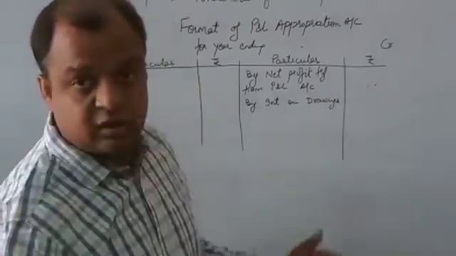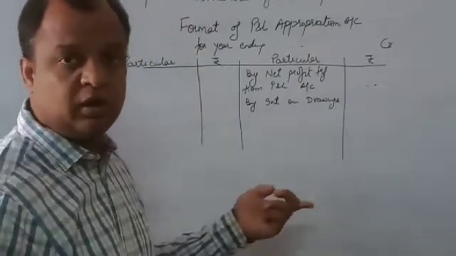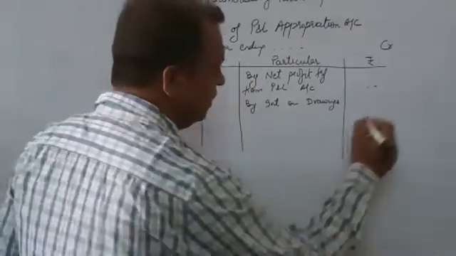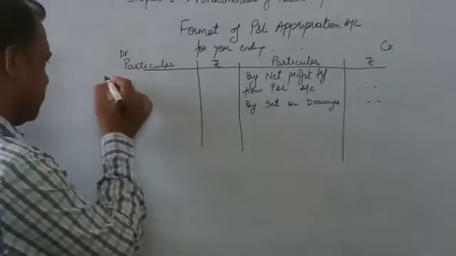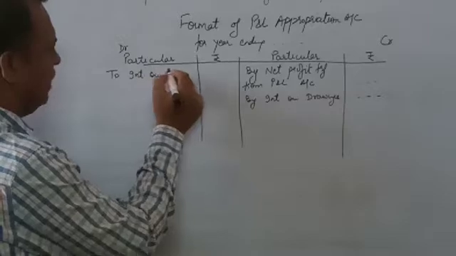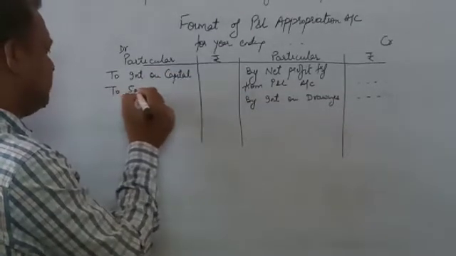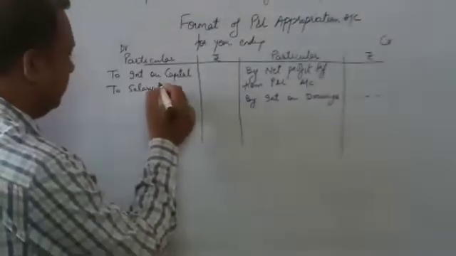Since the drawings are made by the partners, and on that drawing the interest will be paid by the partner to the firm, it will be an income for the firm, recorded on the credit side. On the debit side, which is an expense account, it will be recorded as interest on capital. If a specific salary is given to a partner, salary to partner.